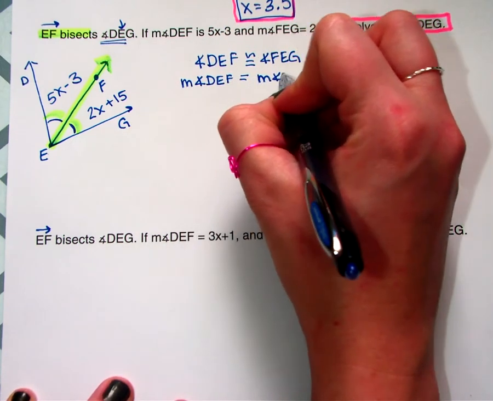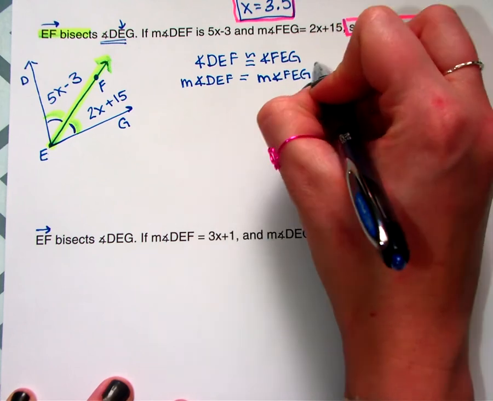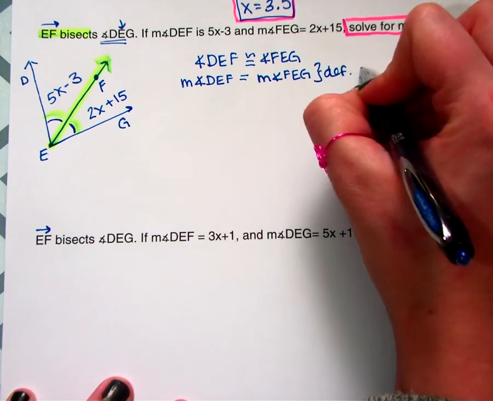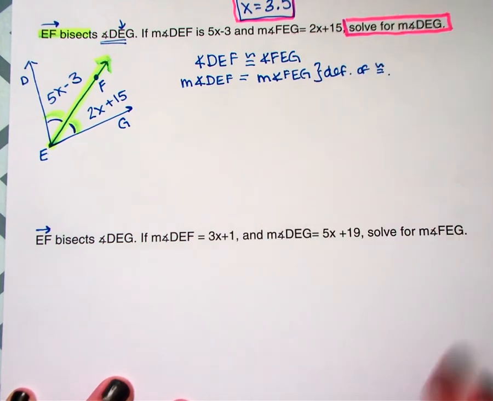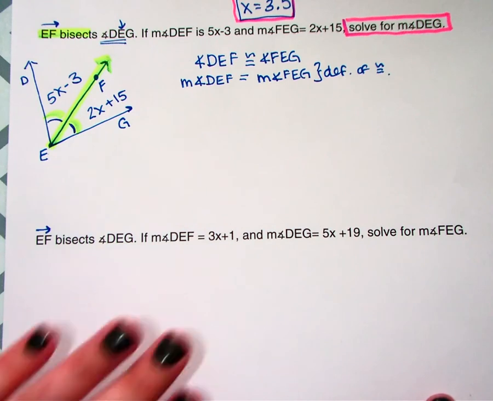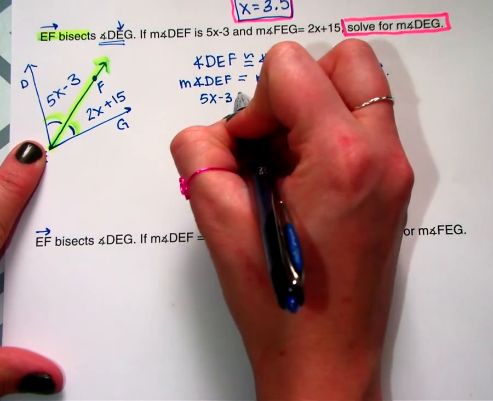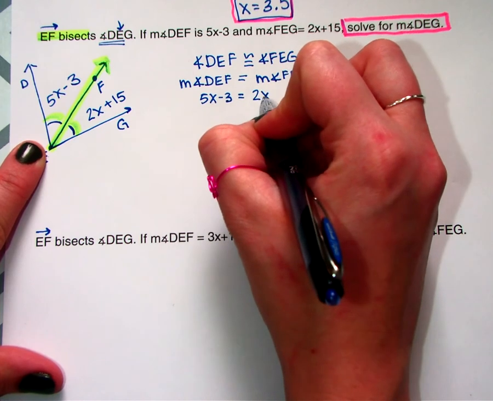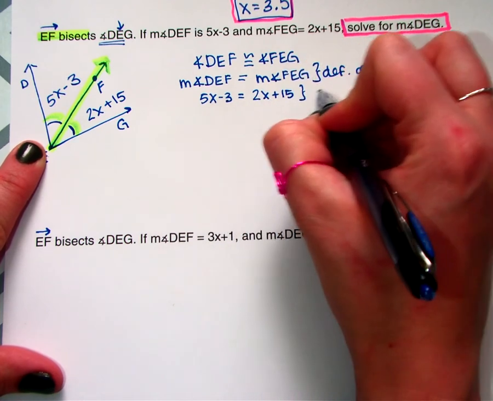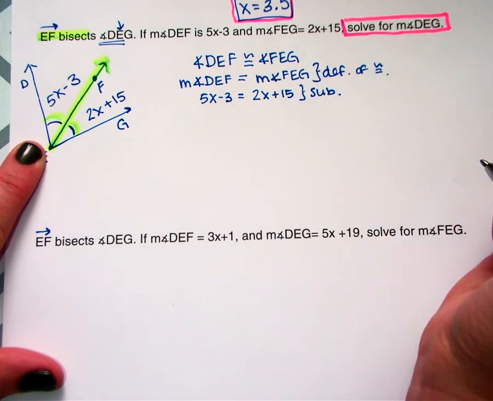So this is the measurement of angle FEG, and this step is called the definition of congruency. Next, we can substitute. So DEF is 5x minus 3 equals 2x plus 15. This step is just substitution.